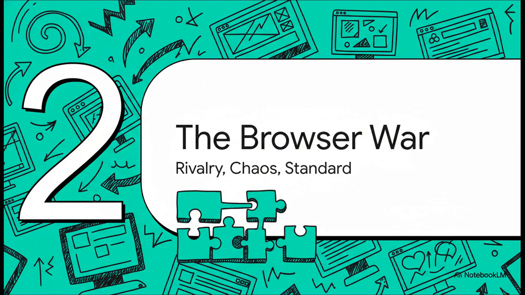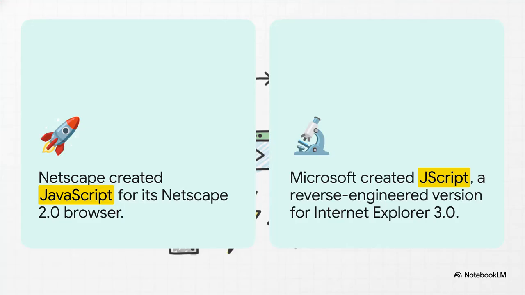And people loved it. But this huge success kicked off one of the most famous rivalries in all of tech history, the browser wars. And this war would first create a ton of chaos, but ultimately it would lead to the language that we all know and use today. So, Microsoft sees how popular JavaScript is becoming, and they know they need their own version for their browser, Internet Explorer.